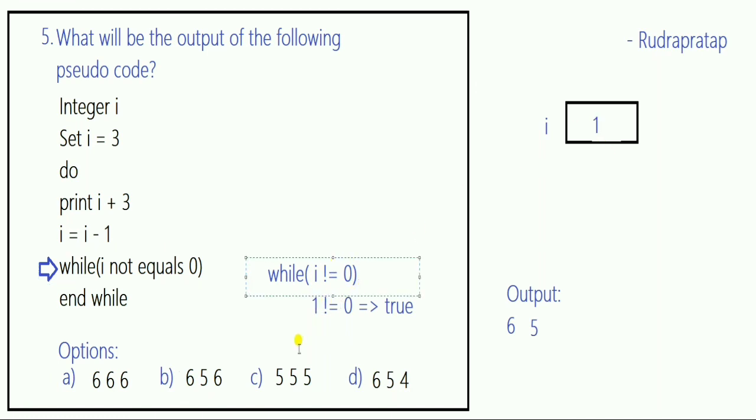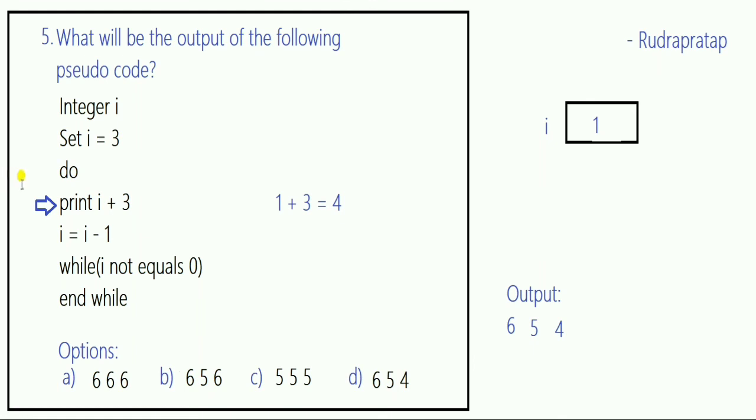And after that it will iterate again. And after that we have print statement which says I plus 3. Value of I is 1. 1 plus 3 is 4. 4 will be printed.